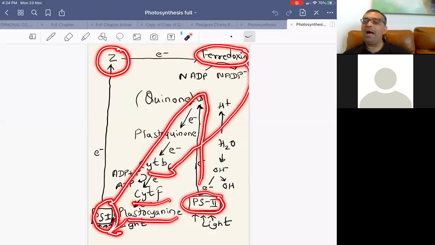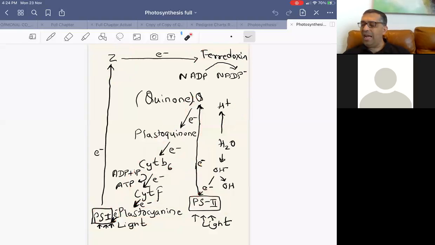But PS1 के पास तो electron already आ चुका है PS2 का. And PS1 तो already has gone back into a ground state. तो PS1 का इलेक्ट्रॉन खुद के पास तो नहीं आएगा क्योंकि PS2 का इलेक्ट्रॉन PS1 के पास आ चुका है. तो PS1 का इलेक्ट्रॉन जाएगा किधर? PS1 का इलेक्ट्रॉन went to Z.